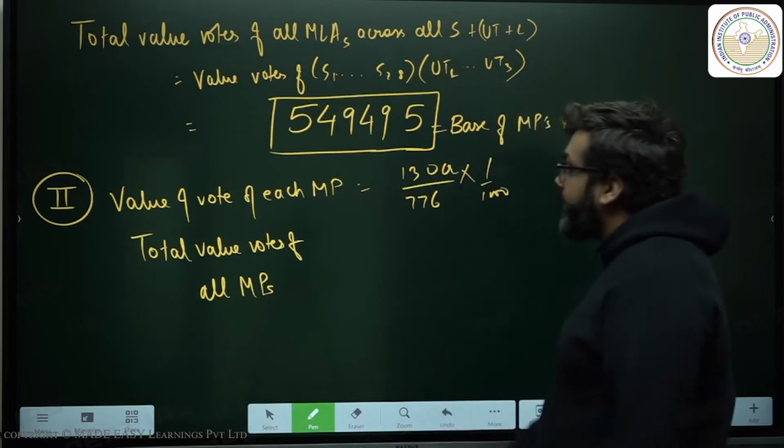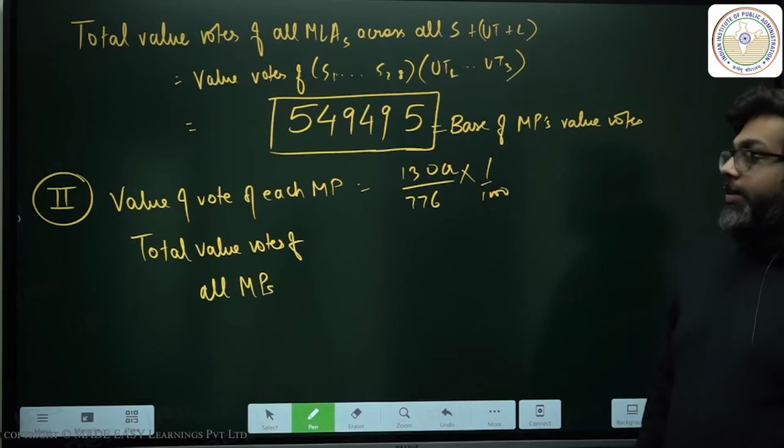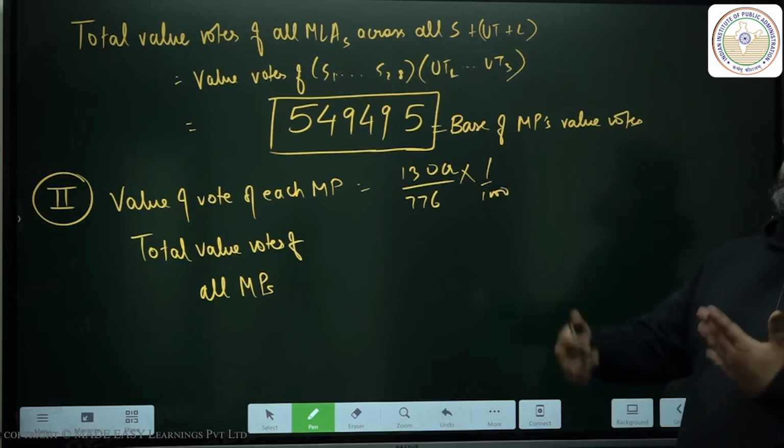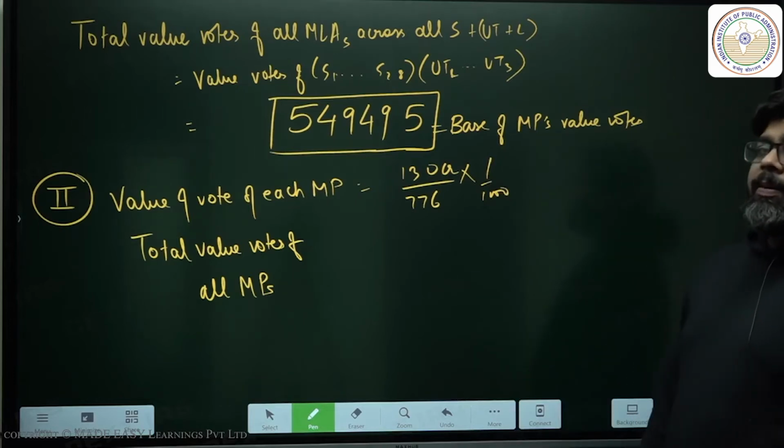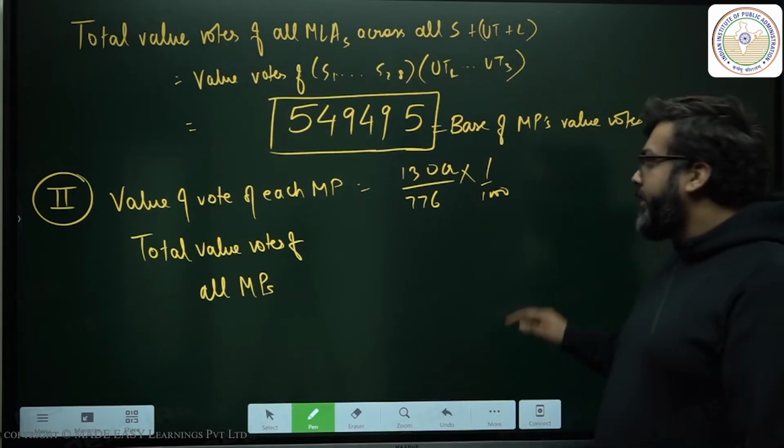If you divide 130 crore by this number, it's going to be a very big number, and the value of the vote of each MP is going to be significantly high, and that would mean that the MPs have a clear cut say in the presidential election.